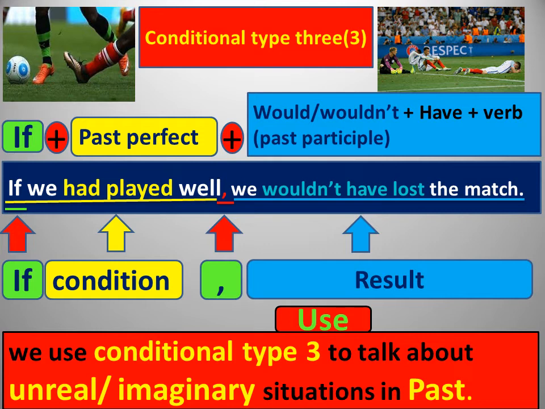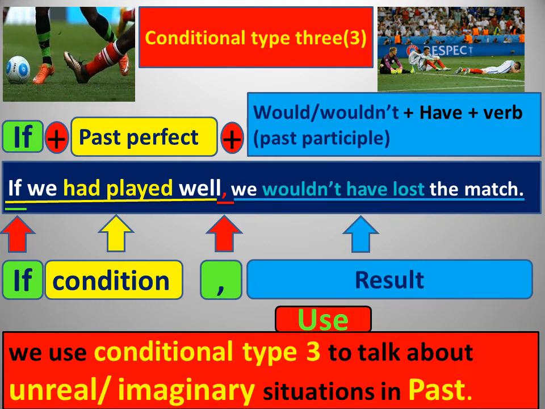Okay, let's go back to the example. If we had played well, we wouldn't have lost the match. So here, if we had played well, imagine we did good in the match. We played very good. So what is the possible result that we might have got that time?